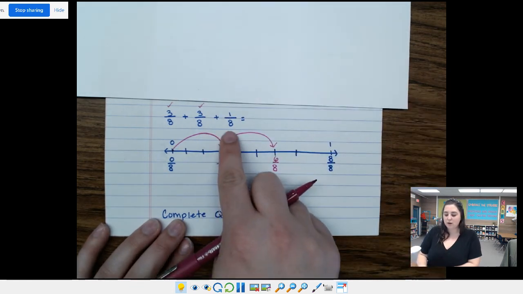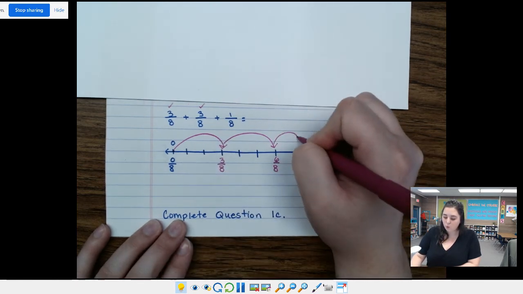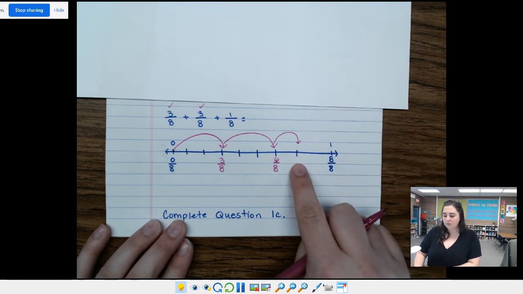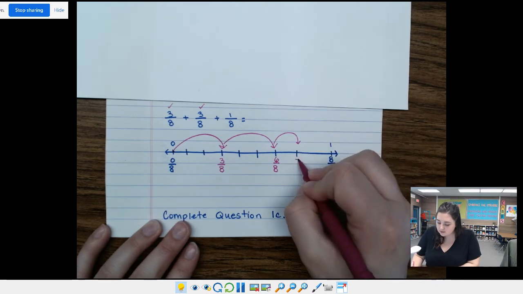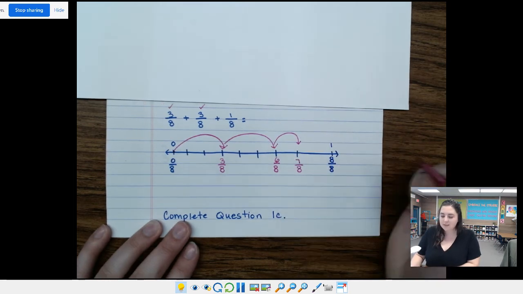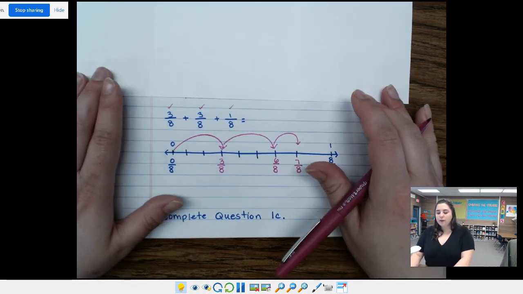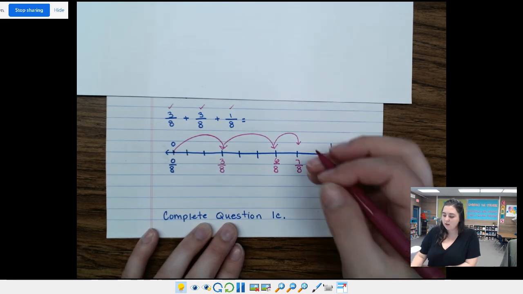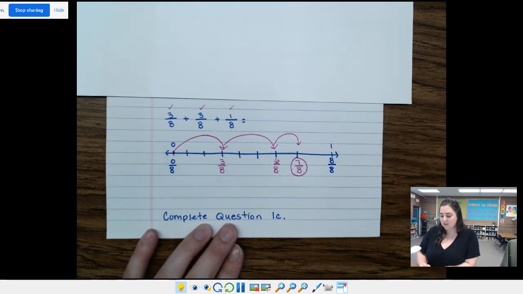Let's do one more. Add 1/8. So that means I'm going ahead 1 section. Where am I now? 6/8 plus another section would be 7/8. So what would our answer be? 3/8 plus 3/8 plus 1/8? 7/8.